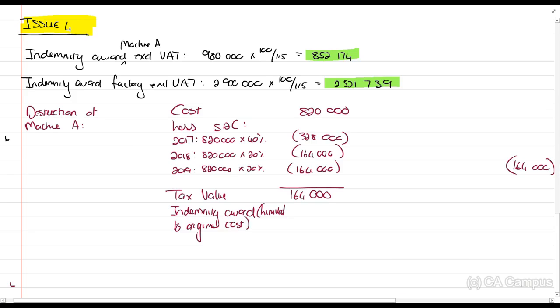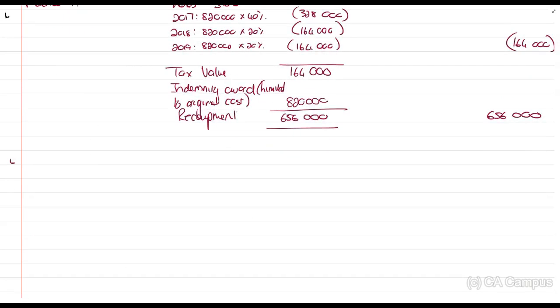So original cost is 820,000. Indemnity award 852,000. So we use the lower of the two. That gives us a recoupment of 656,000. This asset is not being replaced, so that full amount goes into my rands column. Very important that you see that.